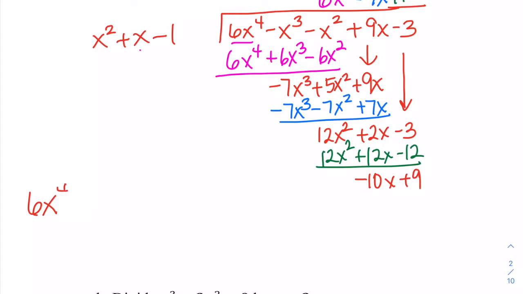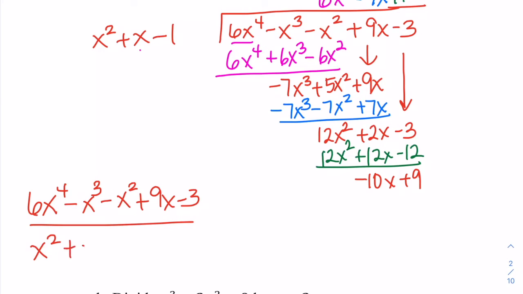So you can see that this will equal, and I'll write it out here, 6x to the fourth minus x cubed minus x squared plus 9x minus 3 over x squared plus x minus 1 is going to equal 6x squared minus 7x plus 12. That's our quotient.